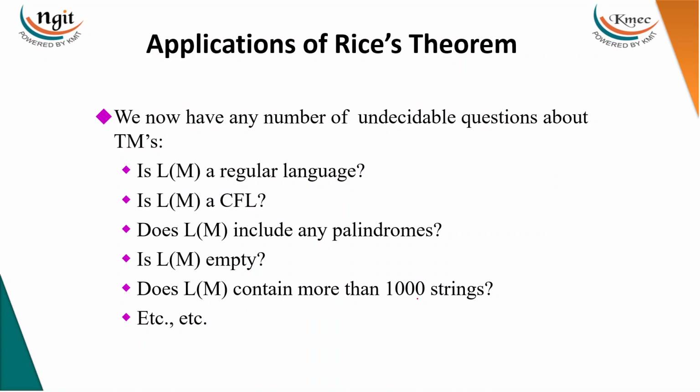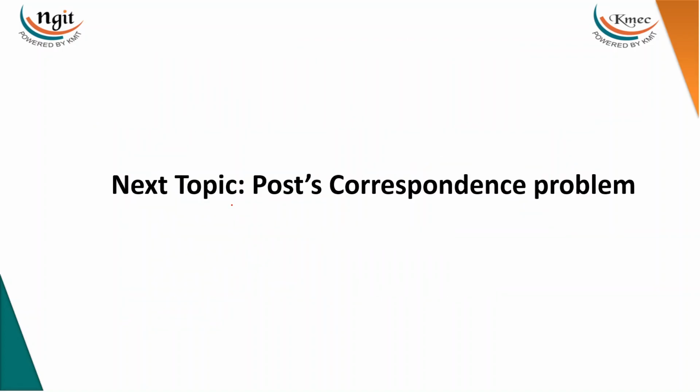Wherever you want to prove whether something is decidable or undecidable, take a property, and if you can prove that this property belongs to this class, and of course make sure the property is non-trivial, and the property is recognized by this machine, then it is undecidable. If not, it is decidable. In the next video, we'll discuss the Post Correspondence Problem.